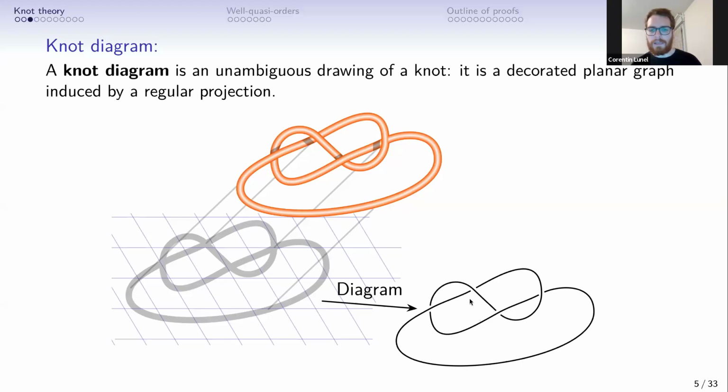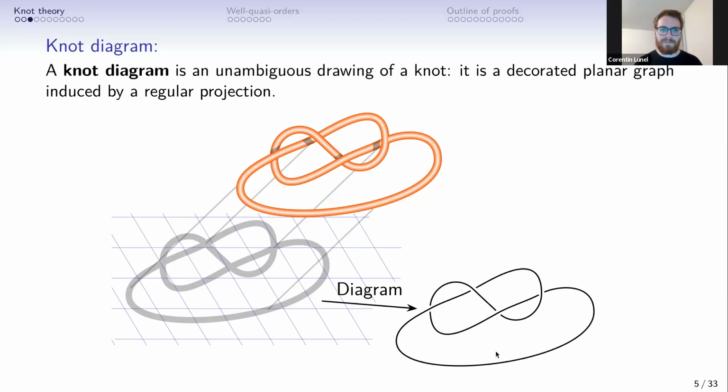And so you can sign each crossing and tell which strand is above the other one. So these representations are somehow equivalent. I will just show you diagrams instead of this kind of rope thing.